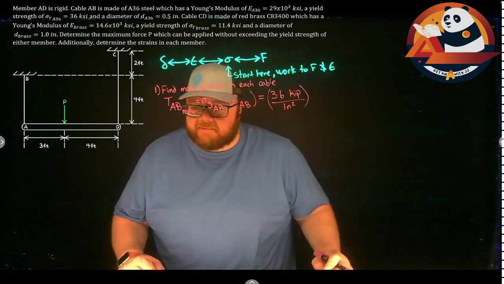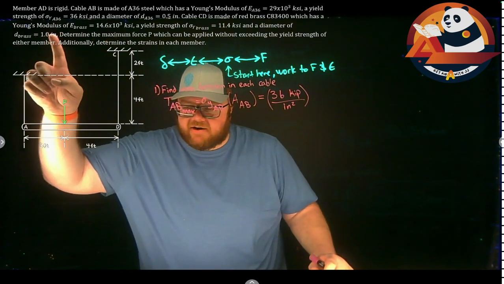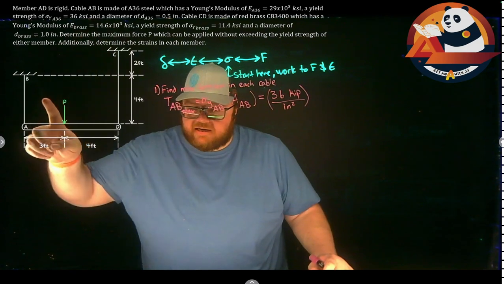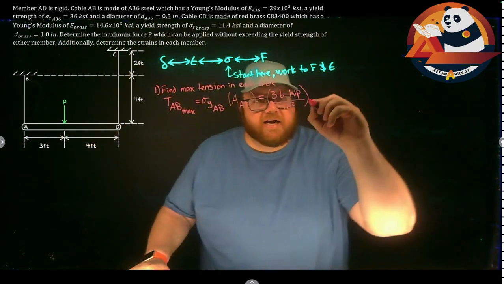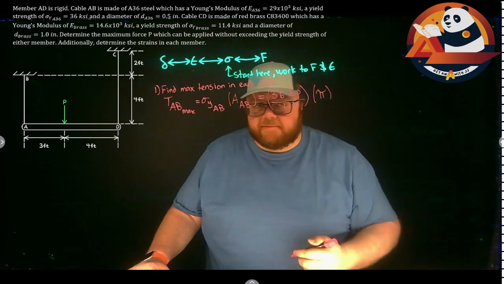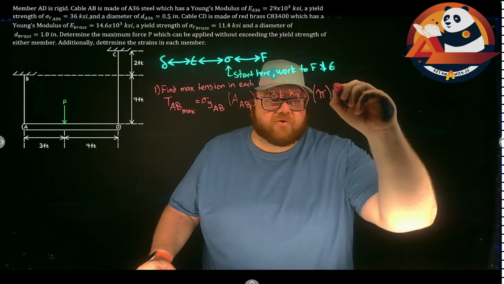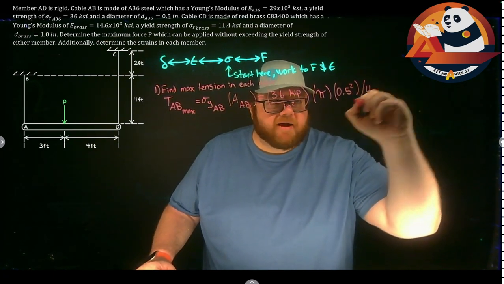And what do I have given here? My diameter DAB is half an inch. So I could say times pi times my diameter, 0.5 squared, over 4.